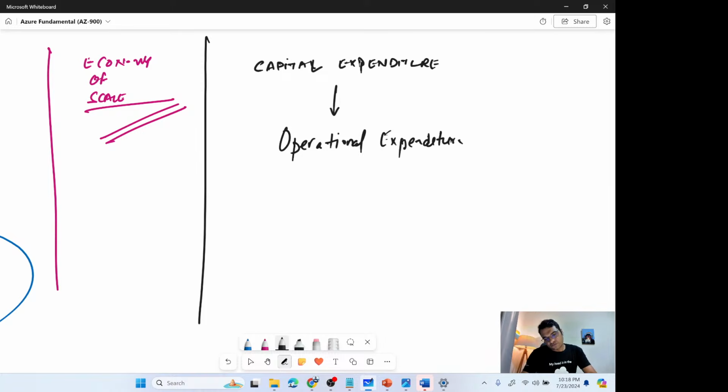In short, we sometimes say that we are moving from capex to opex.